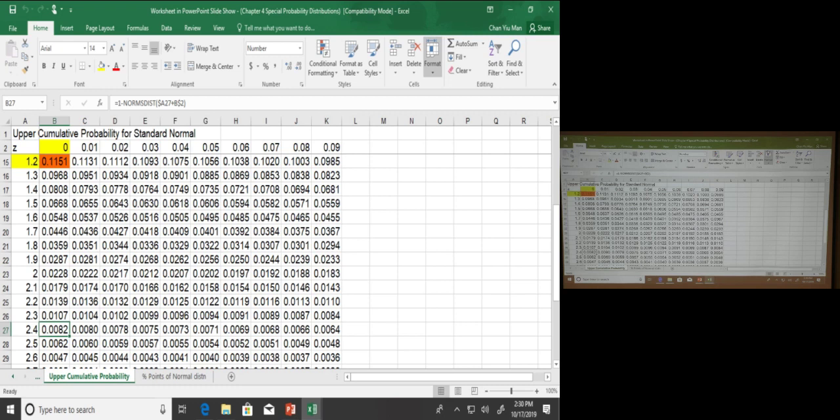One is the probability, or cumulative probability, or the upper tail probability. The other one is the x. So given an x, you can compute the probability of a standard normal bigger than that value. So it is here, and you can see that.